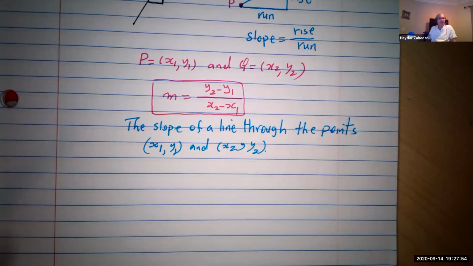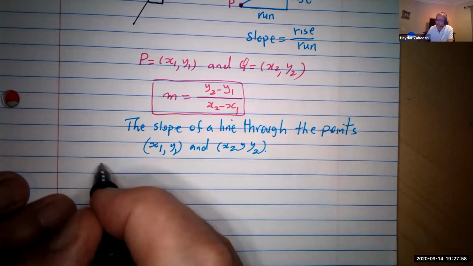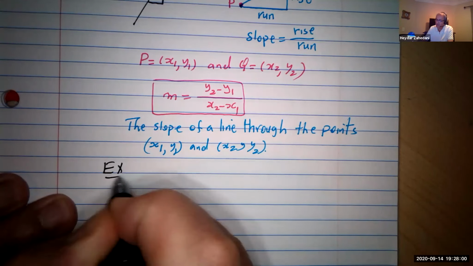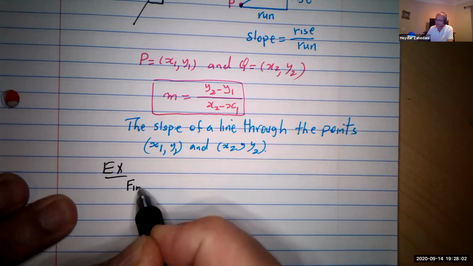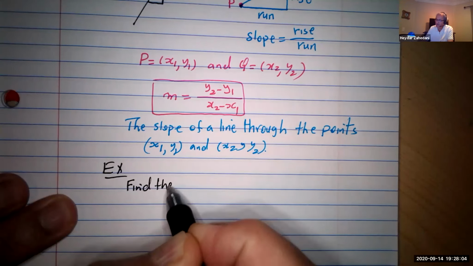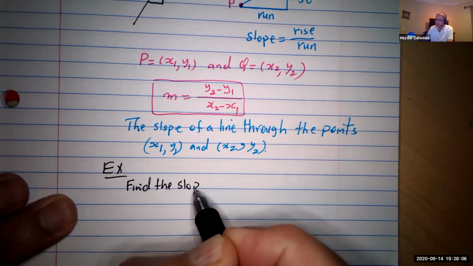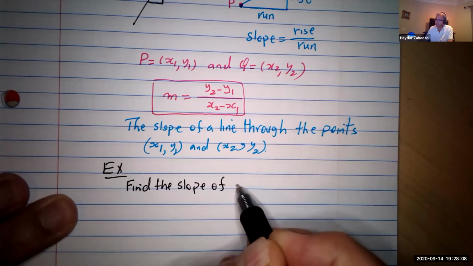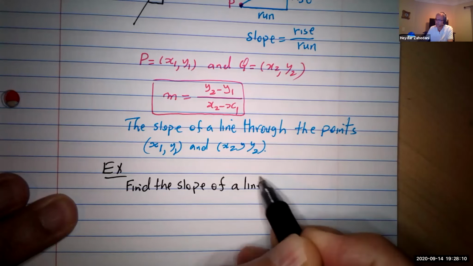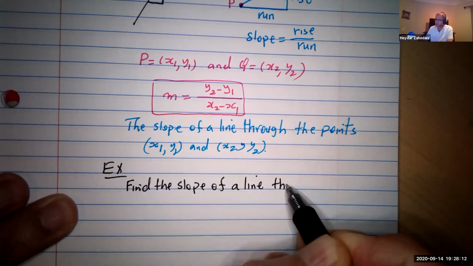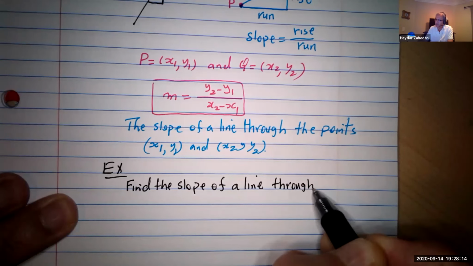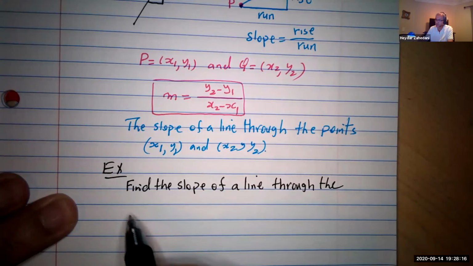Two points will be given to you, and you just find the slope. You get quite a lot of these in your books. I'll just give you one example. We want to find the slope of a line through the given points.